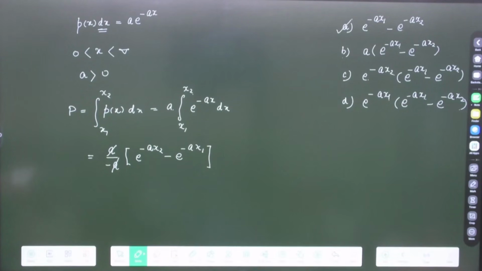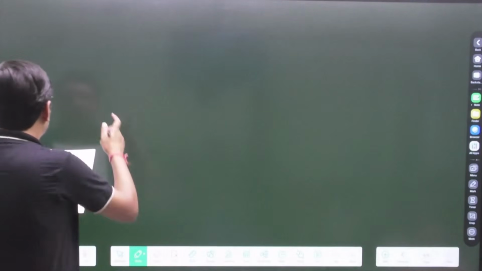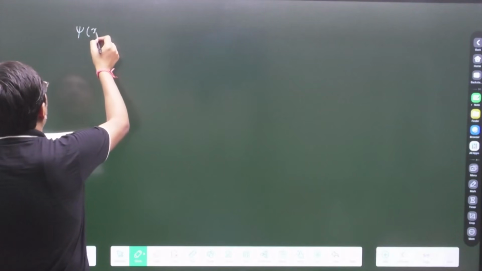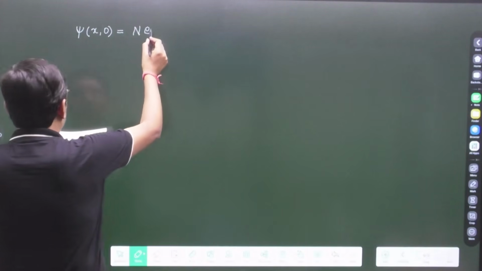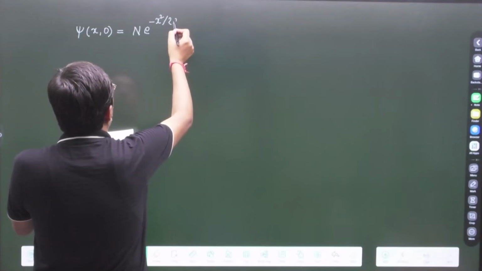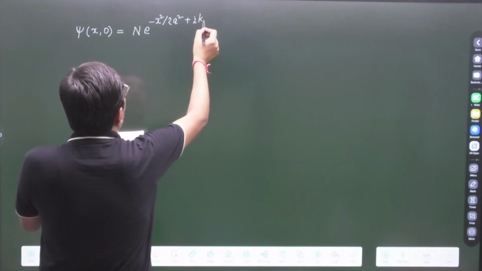The normalized state of a free particle is represented by the wave function psi(x, 0) equal to N e to the power minus x square upon 2a square plus iota k naught x.